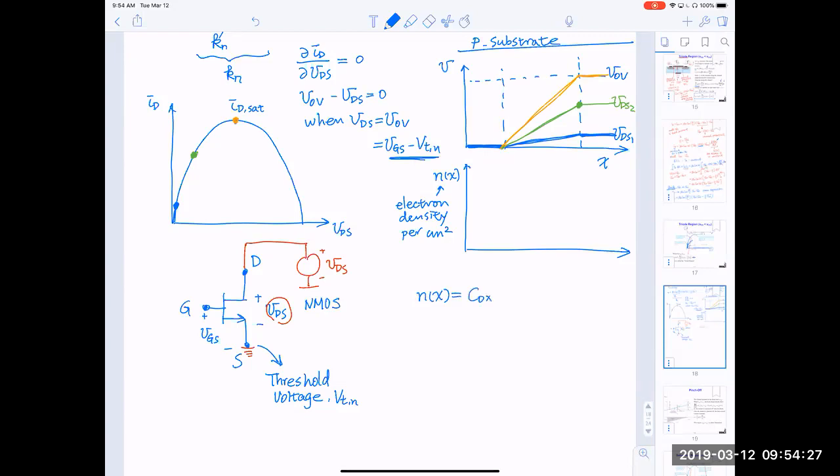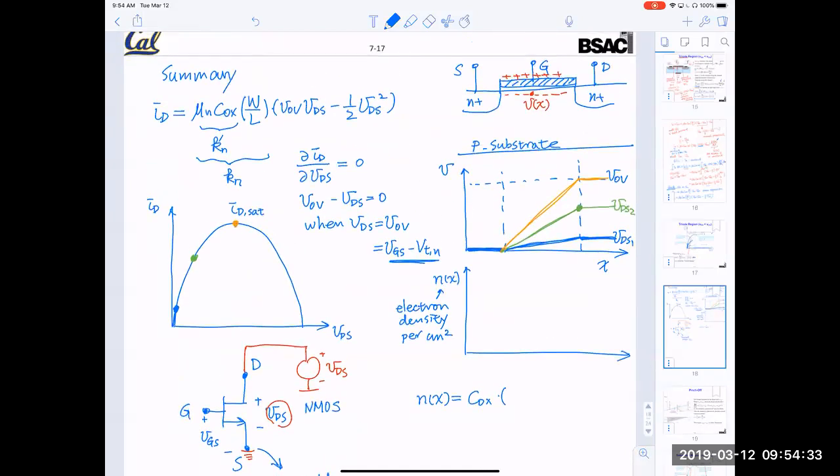Cox, the gate capacitance, times the voltage difference. So think of this as a capacitor. On the one side is VGS. At the other side is the channel potential Vx. And it is the excess voltage above VTN that will generate electrons.